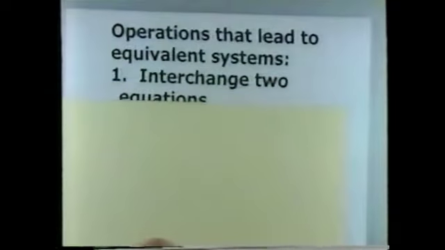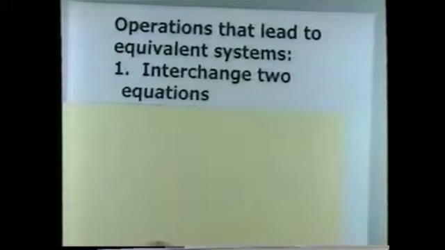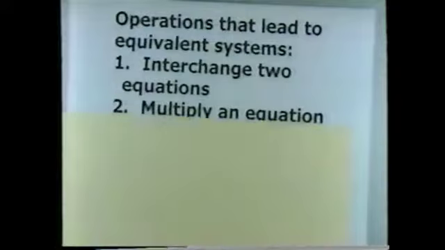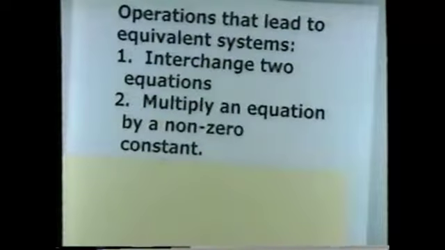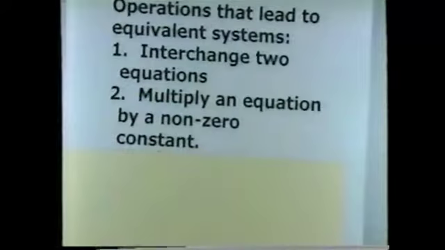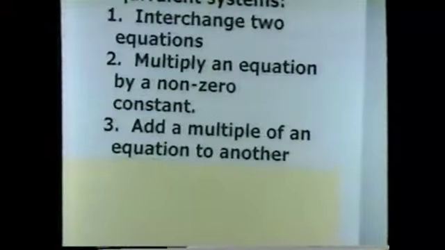The first, you can interchange any two equations. So rather than having equation 1 first and then equation 2, I could have written equation 2 on top and then equation 1 second. You can multiply an equation by a non-zero constant. Now we did that. We multiplied the first equation by 12 and the second by 6 just to clear the fractions. You can add a multiple of an equation to another equation.